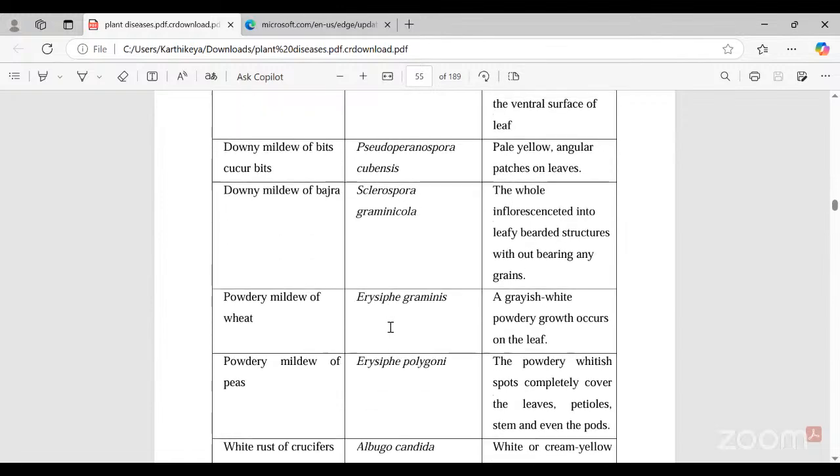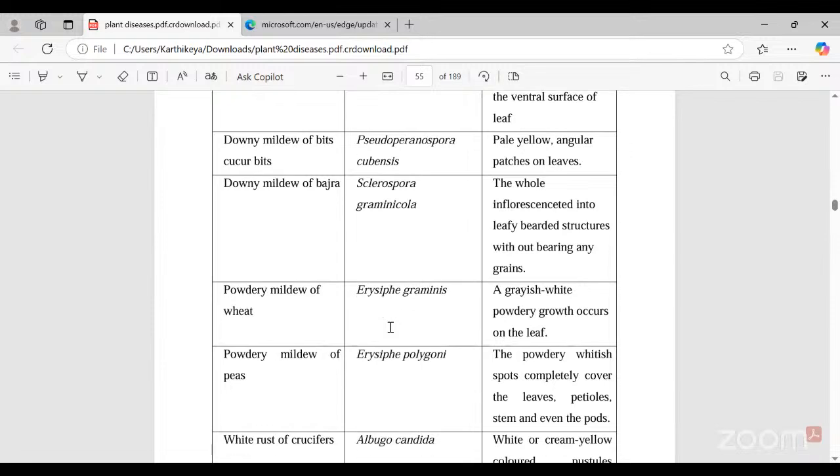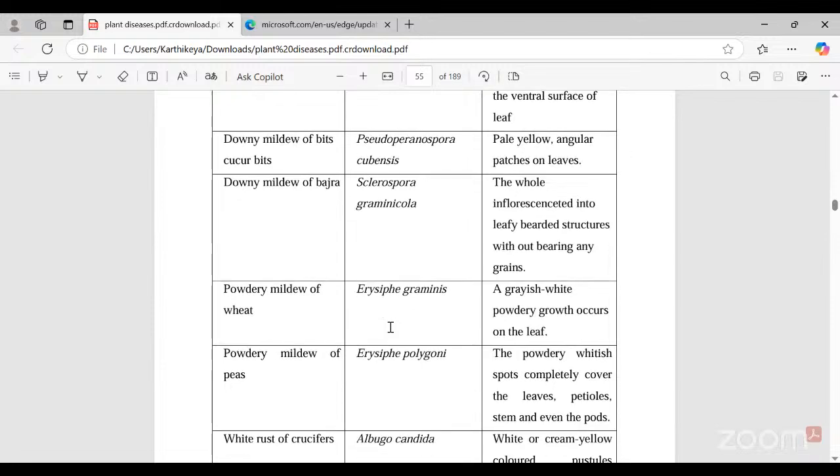Downy mildew of cucurbits, Pseudoperonospora cubensis: pale yellow angular patches on leaves. Downy mildew of bajra, Sclerospora graminicola: the whole inflorescence turns into a leaf-like structure without bearing any grains.